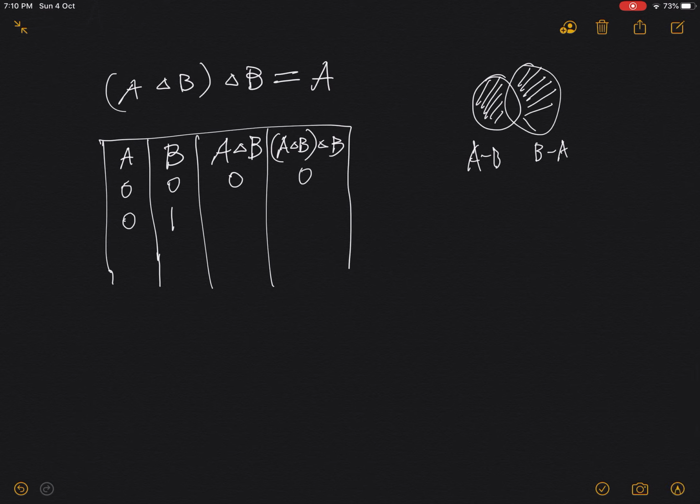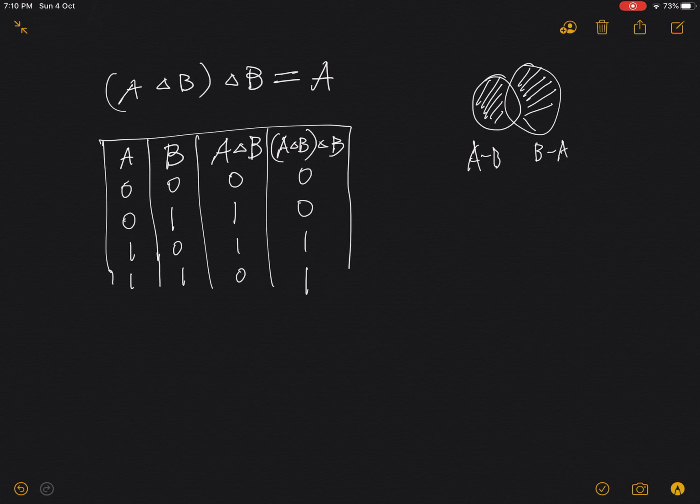So A minus B will become empty. B minus A will be 1, so it's 1. And again, we can calculate the second delta B, it will become 0. So similarly for all the values, it will become 1, 0, 1, 1, and 1, 1, 0, 1.